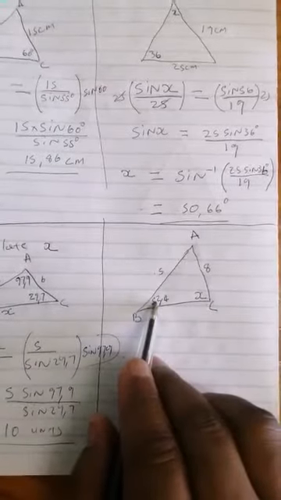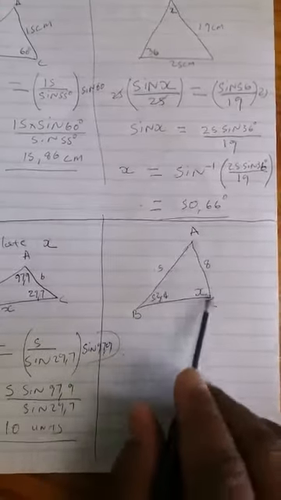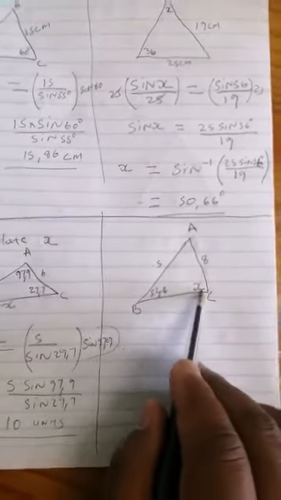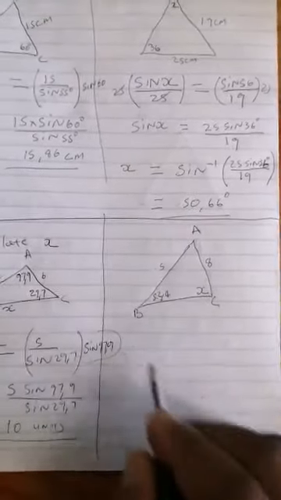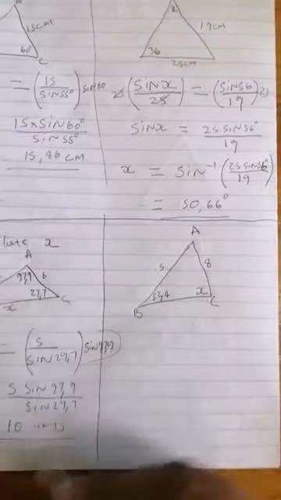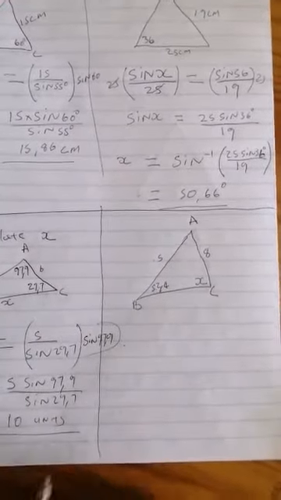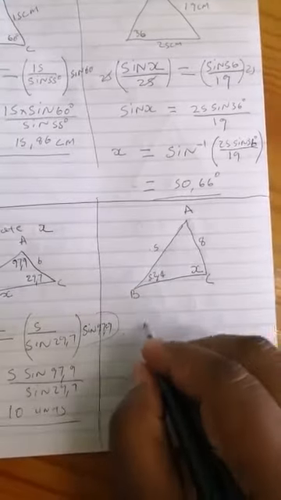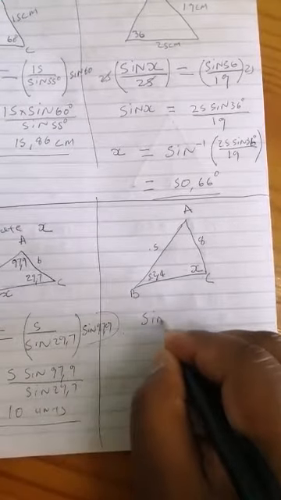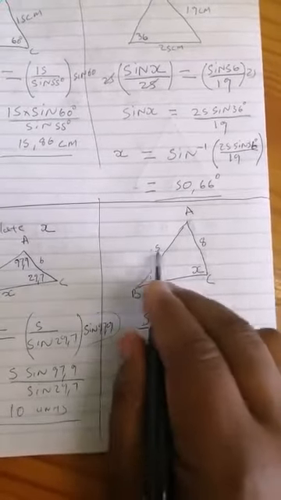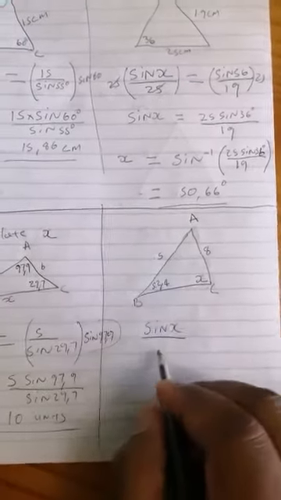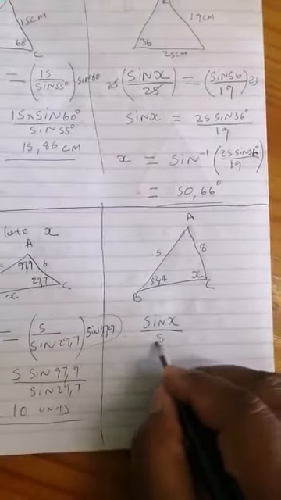We've got an angle 52,4 there, and what we're looking for is an angle. Remember, when you're looking for an angle, the equation with the angles on top, that is the one that we must use. So here we have sine x over the side that is opposite to that angle. In this case, it is 5.